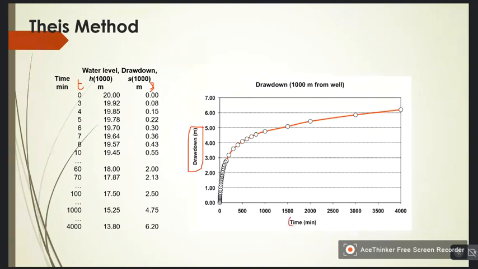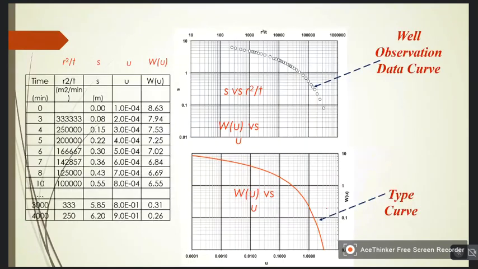This is a normal graph, that means normal graph sheet. Now what we do is, we take a log sheet, double log, and this particular one is a standard type curve.